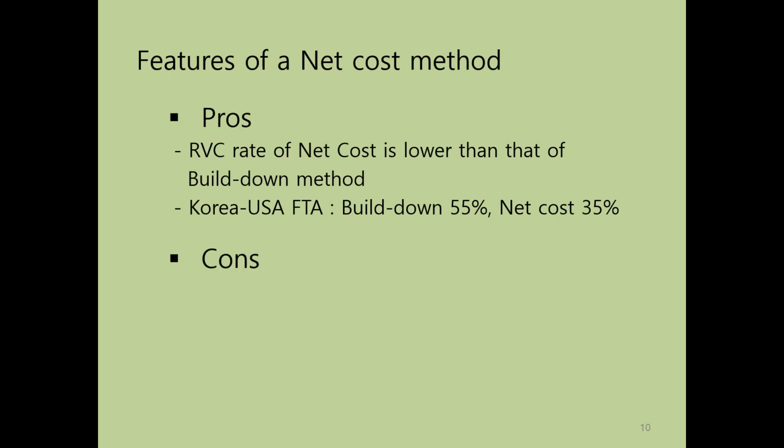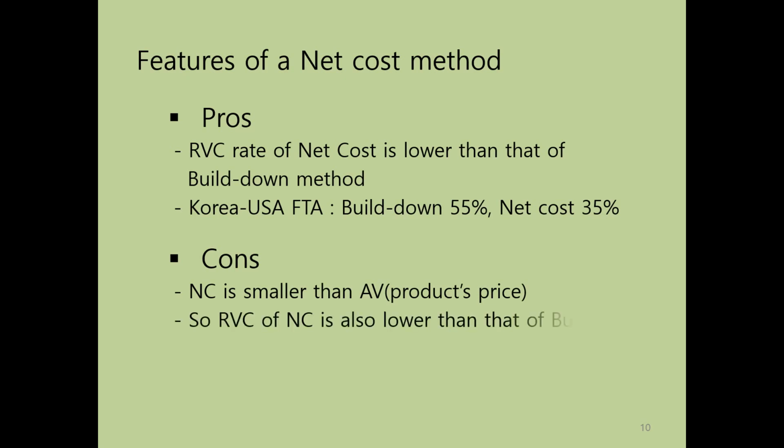On the contrary, there are some negative aspects. As we talked, net cost, which is usually manufacturing cost, is smaller than AV, the product price. So as the denominator is smaller than build down, the RBC rate is also lower than that of build down.